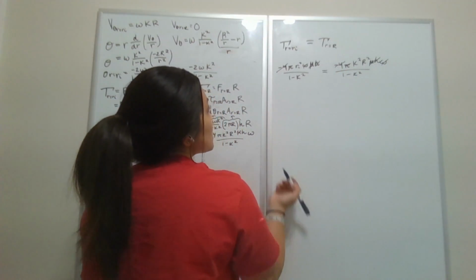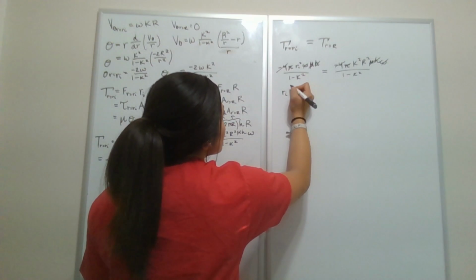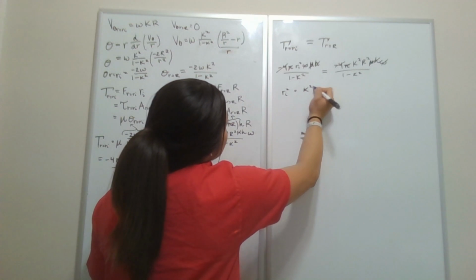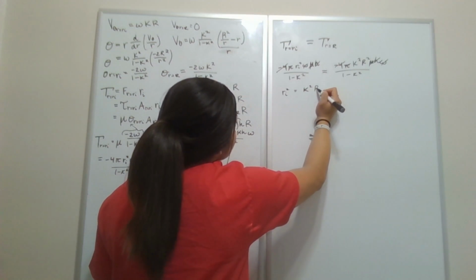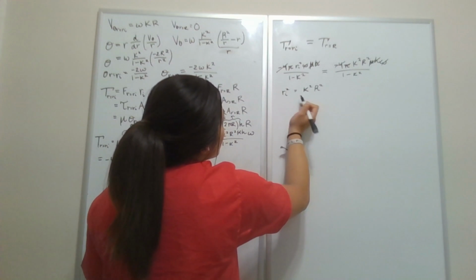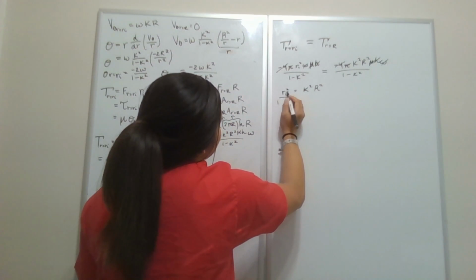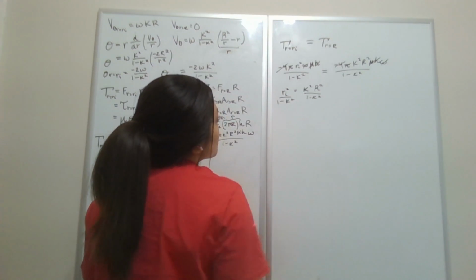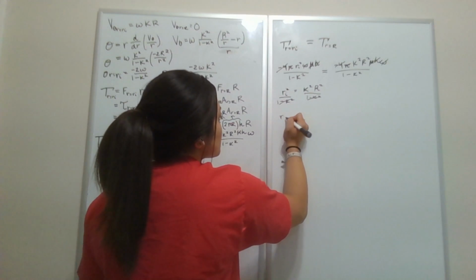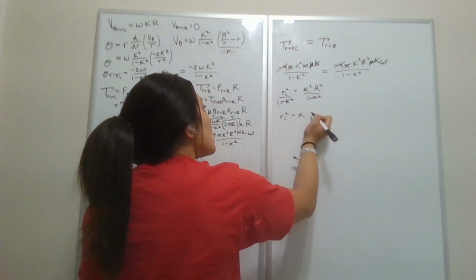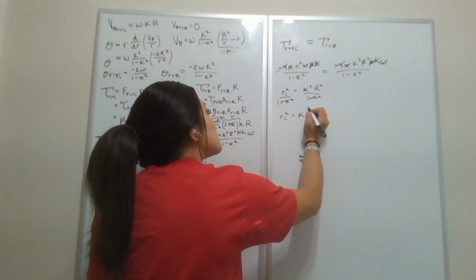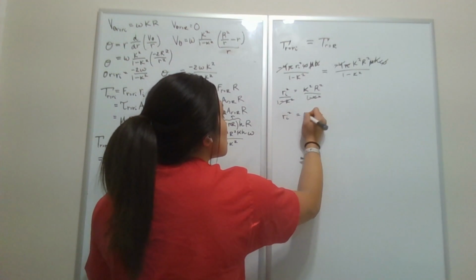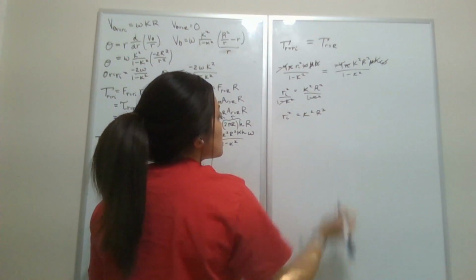And so what we are left with is the inner radius squared equals the proportion between inner and outer radii squared times the outer radius squared, and then dividing both sides by 1 minus this proportion squared, which in theory would cancel out. So we're left with the inner radius squared equals the proportion between inner and outer radius squared times the outer radius squared.